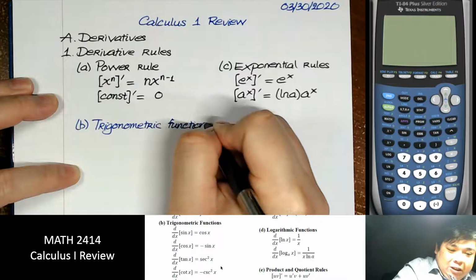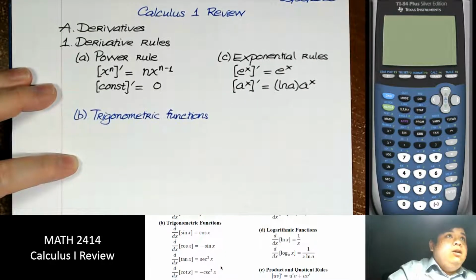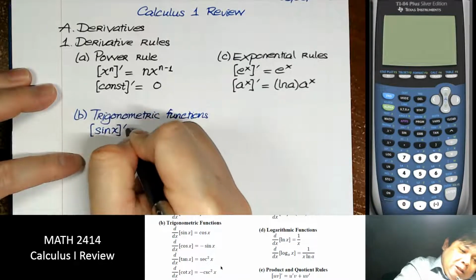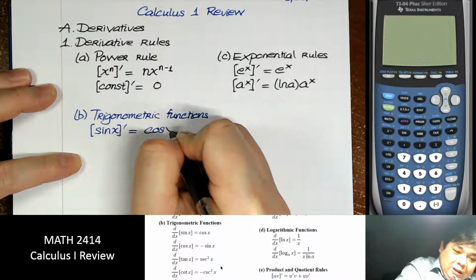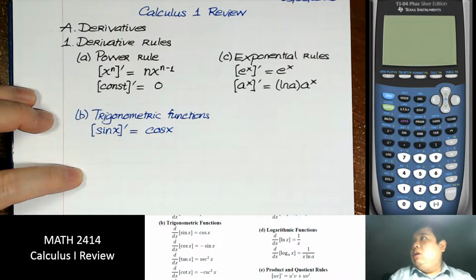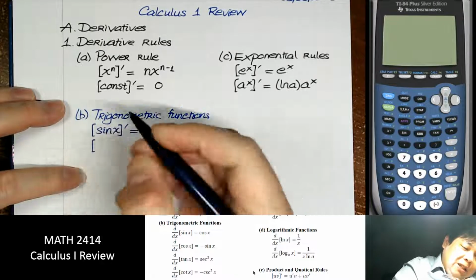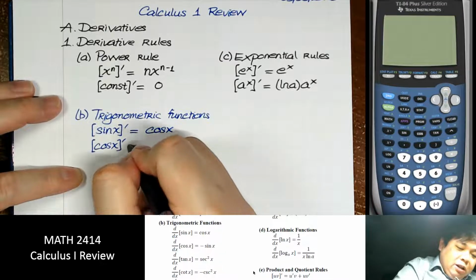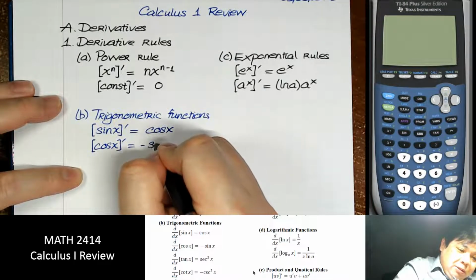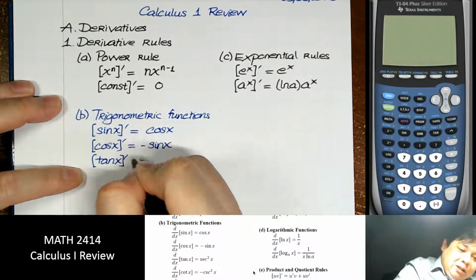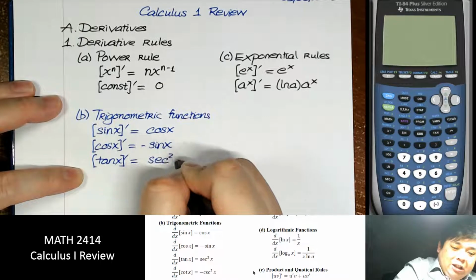The derivative of sine is cosine, and the derivative of cosine is negative sine. Tangent: secant squared.